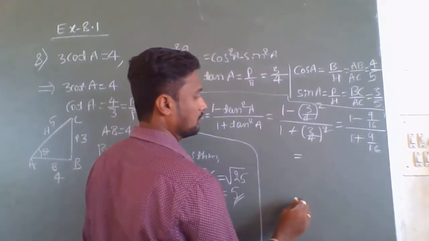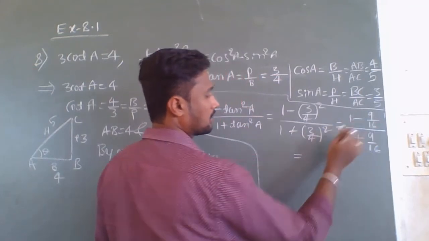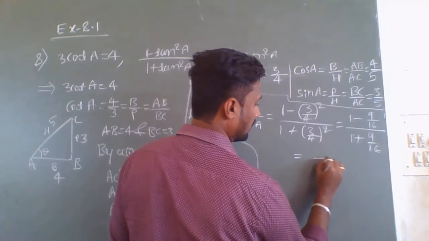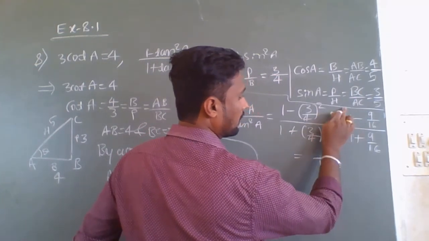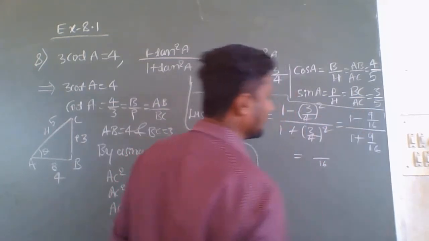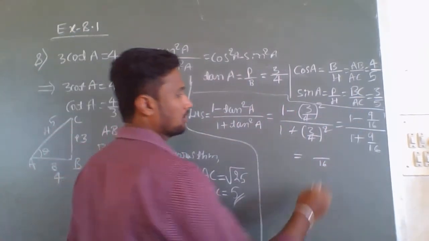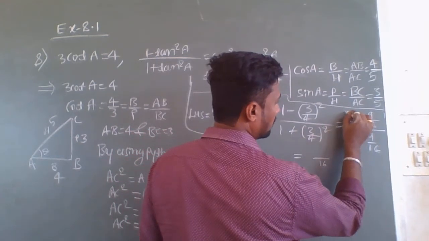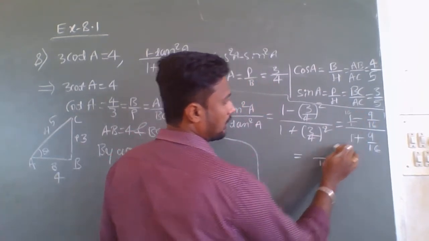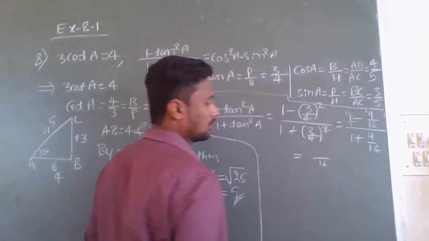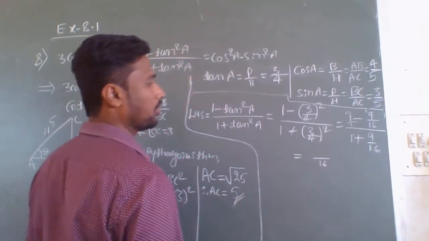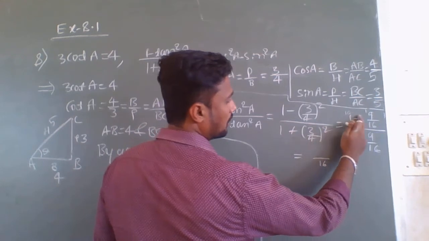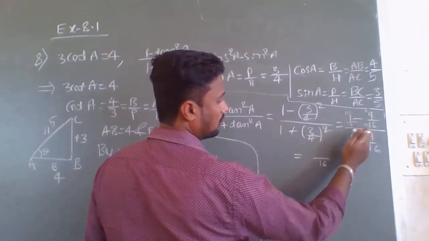So here 1 minus 9 by 16 means 16 is the LCM and you will get 16 minus 9. You can see here 1 into 16, 16, and 9 into 1, 9.